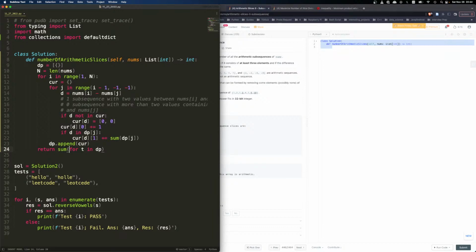What we're supposed to have is actually sum of the 2 values, but we have different d. So we need to pick up all the d's, right?